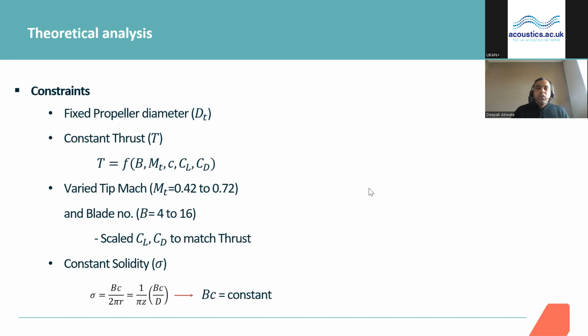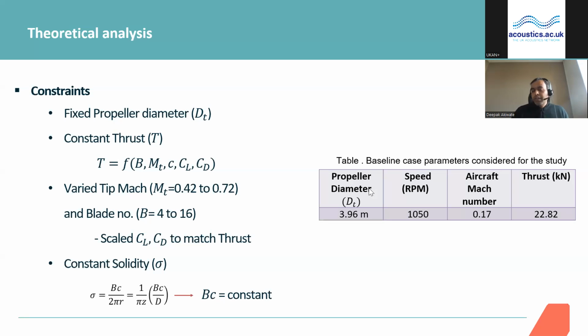We looked at one of the baseline configurations from the ATR 42 aircraft, and this table shows the propeller RPM, the aircraft Mach number, and a typical thrust requirement for the ATR 42 at takeoff condition.